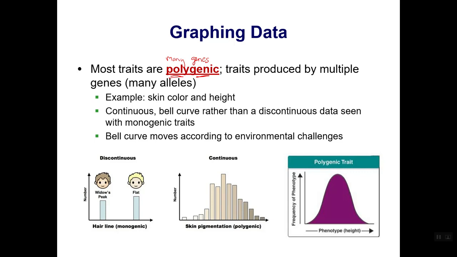So when we talked about inheritance patterns several chapters back, sometimes I would discuss eye color as if it was a monogenic trait, like if it was only controlled by one gene, which means 2 alleles, right? Because you get one from mom, one from dad. So that means we would have a blue-eye gene and a brown-eye gene.